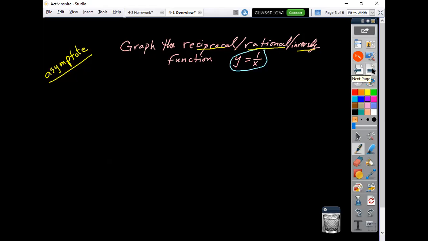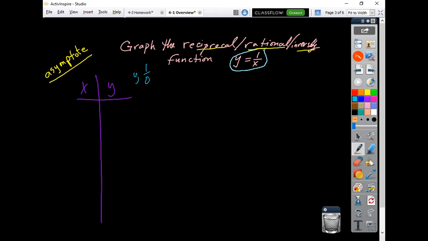Let's go on here. How do you graph this thing? So this y over x graph, if you think about a table, if I have x and y, first of all, x can't be 0. That's very important here. You can't divide by 0.